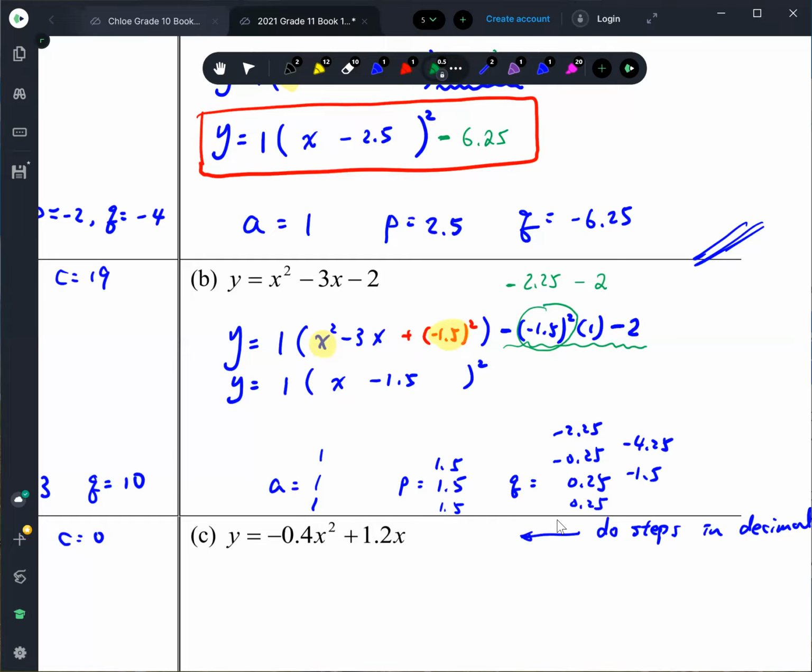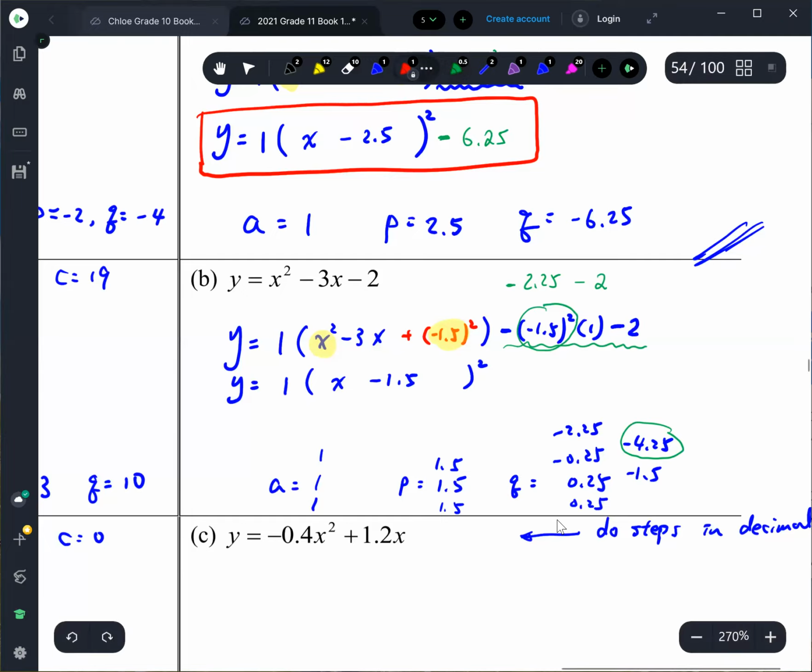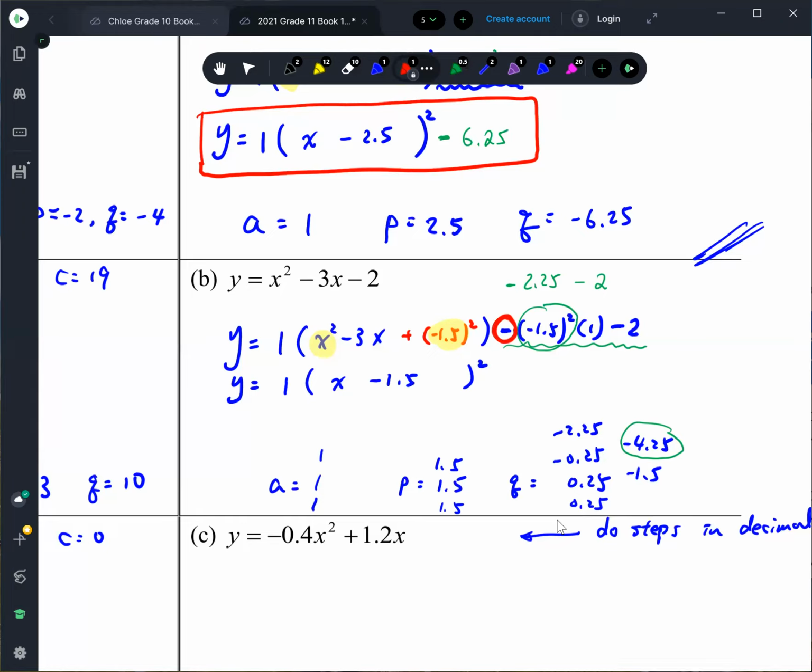Negative 4.25. Yeah, okay, so the correct answer should be negative 4.25. Those of you who got different answers, this is why. So watch out for the sign. Remember this subtraction, the one I circled, that subtraction will never go away.